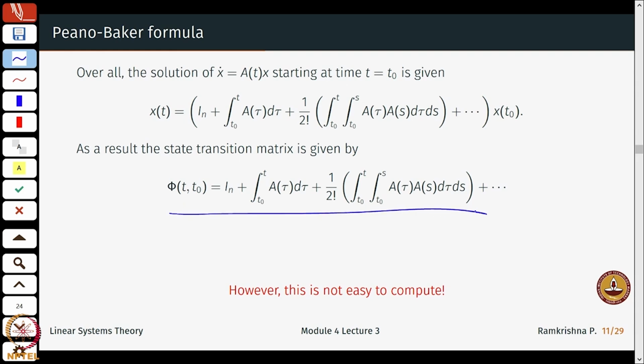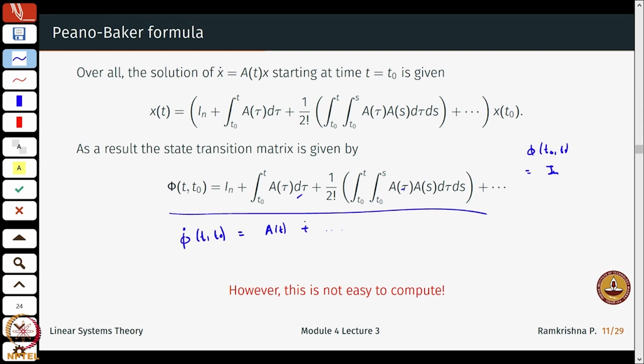What does this phi satisfy? Phi at t naught, the initial condition, would just be the identity, because all the integrals would just vanish. Now, what is phi dot of t comma t 0? I differentiate the first term, I get A of t plus all these terms.